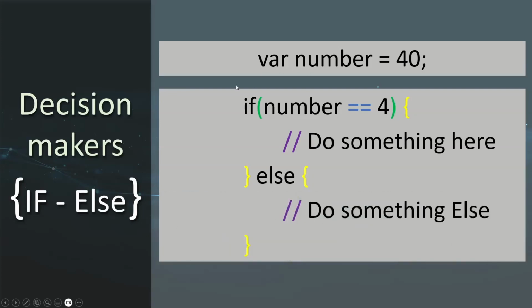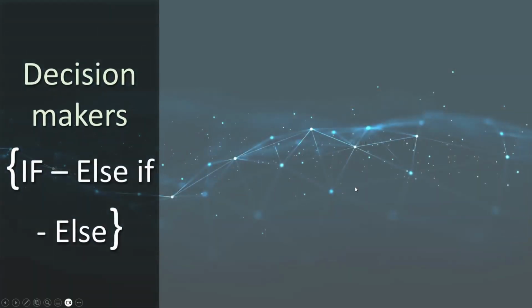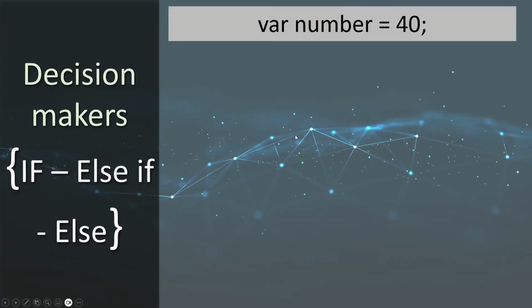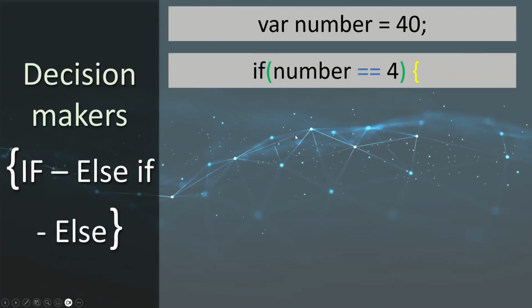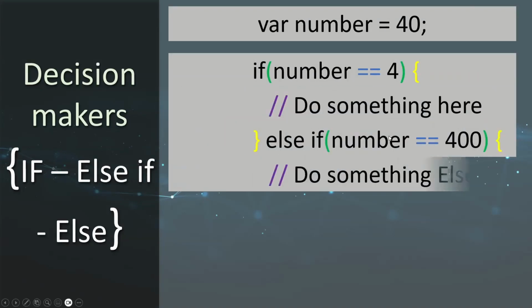So simply the application will check: if this is true, do this, but if it's false, by default do this block of code. When you have multiple things to check, multiple possible results, we use if, else if, with else as the default. For example, let's say again 40, if number equal 4, do something, else if number equal 400, do something.